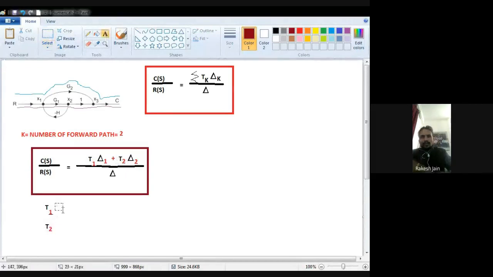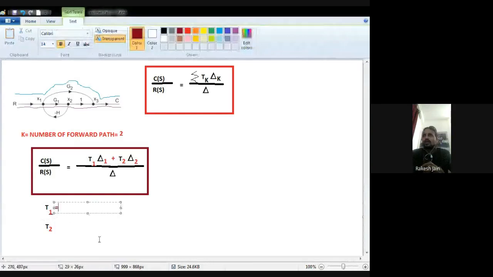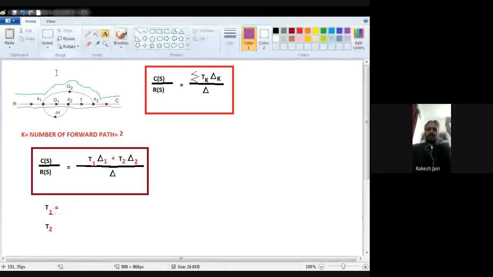Now in the same color I write down, so you will not disturb. So purple color for the first forward path. See, there is no meaning of color, I just show you that, so you will not escape from the data and the graphical representation. So in the question I just mark with the help of a pencil purple color the first forward path. Now I have to write down the gains.